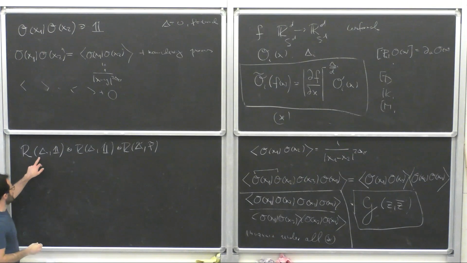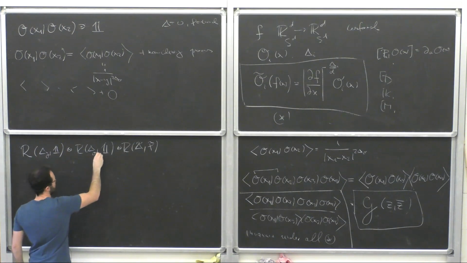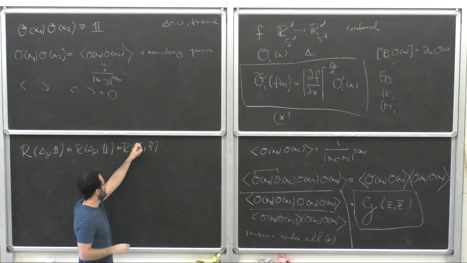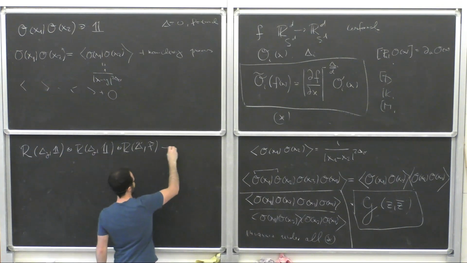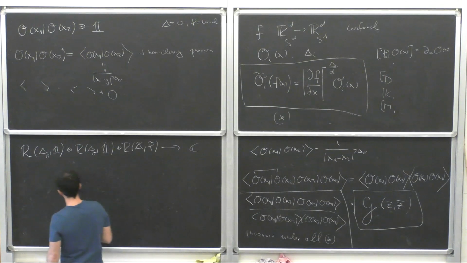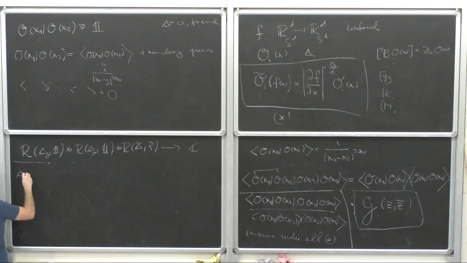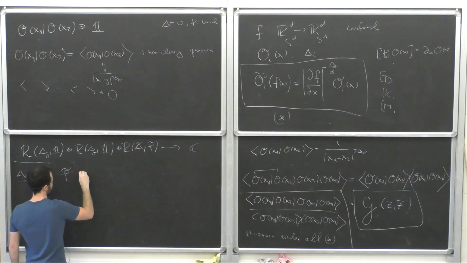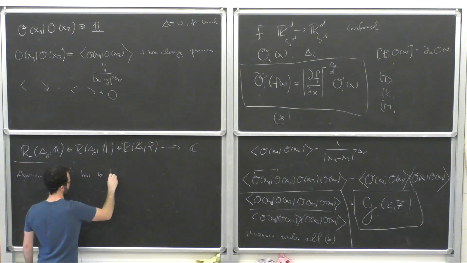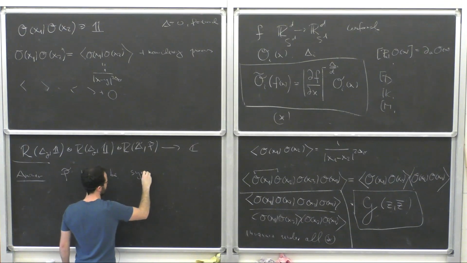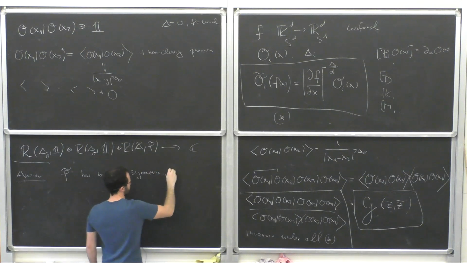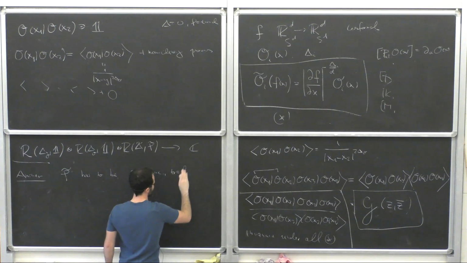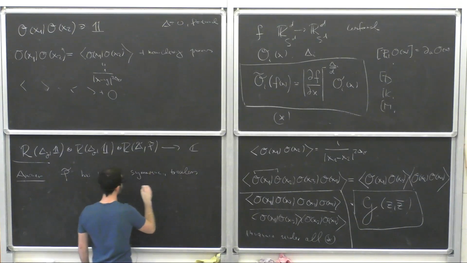So these are the two identical scalars, delta_O, and we are asking for which delta tilde and rho tilde can we find a conformally invariant three-point function. The answer is not obvious, but the answer is that rho tilde has to be symmetric and traceless, but of any spin.